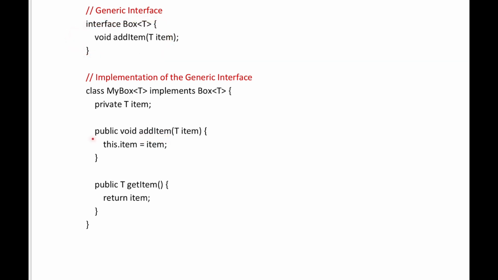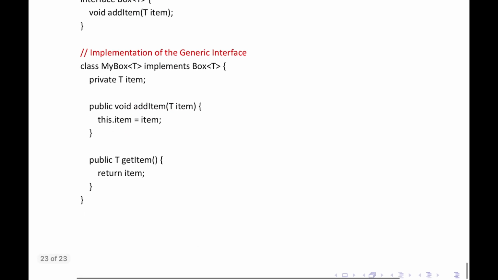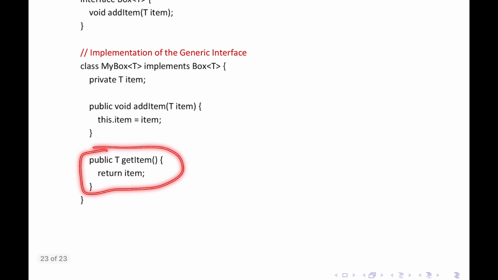So here public void addItem accepts an item of type T as parameter, and simply we write this.item = item, that is, we are initializing the item value with this method. Similarly we are writing another method, getItem, which returns the value of the item.